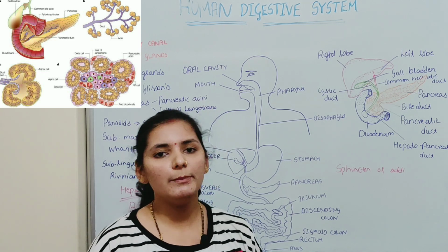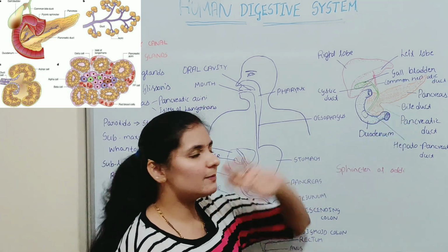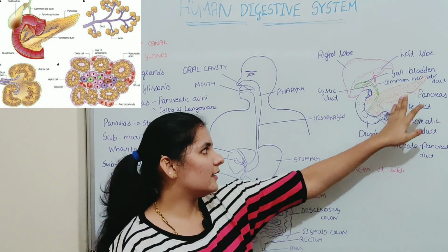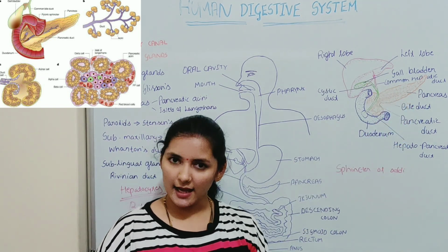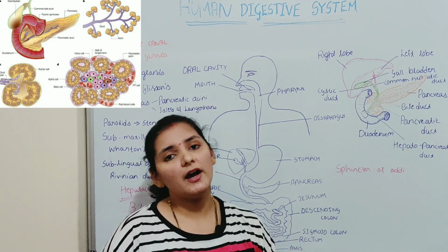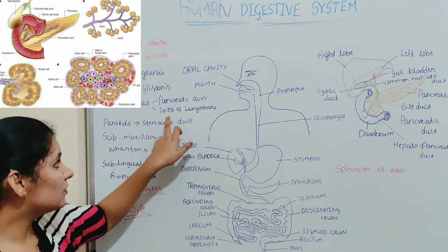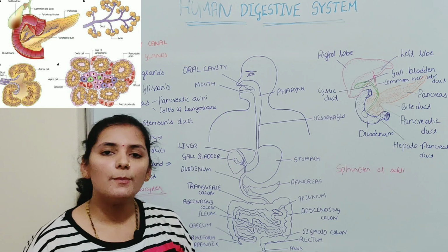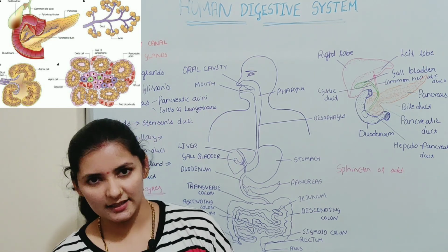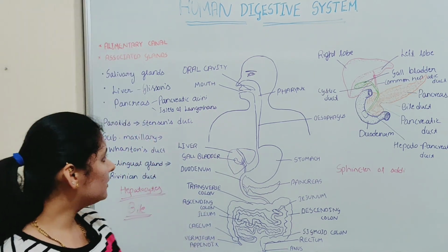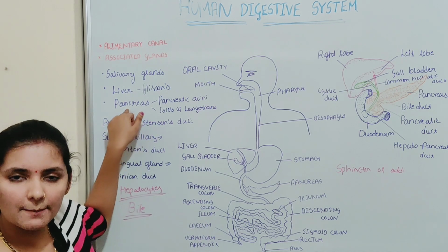So everything will be digested with the help of this pancreatic juice. The endocrine part of the pancreas is known as islets of Langerhans. So the islets of Langerhans produce glucagon and insulin. So that is about the third digestive gland, that is pancreas.